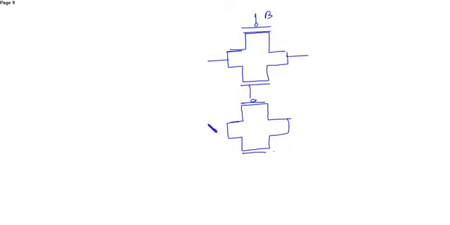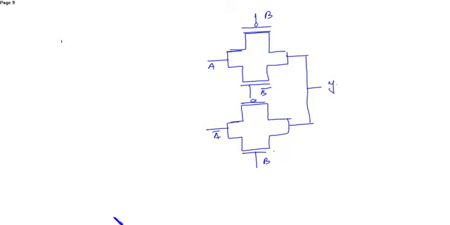You can see this is B and this is B bar, this is A, this is A bar. Okay, this is B bar. This is again B. And this is the output, that is Y. You can see there are two inverters here.